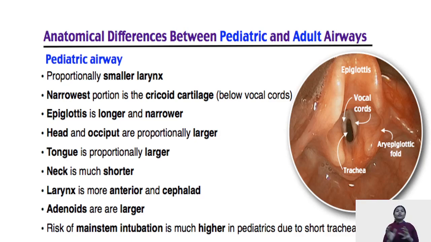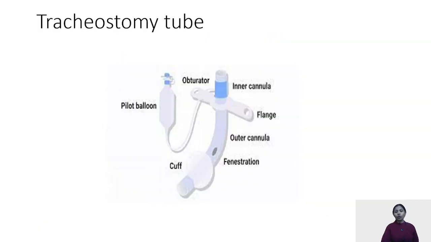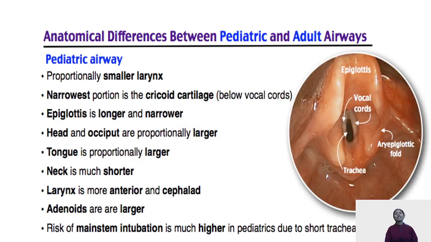Now, after we have completed the SGAs, I request you to kindly go through the SGAs again, especially the diagrams and the images of the SGA, and try to memorize them once. The thing that was very important, which was left in the last class, were the anatomical differences between the pediatric and adult airway. Because of them we use, for example, McIntosh and Miller blades.